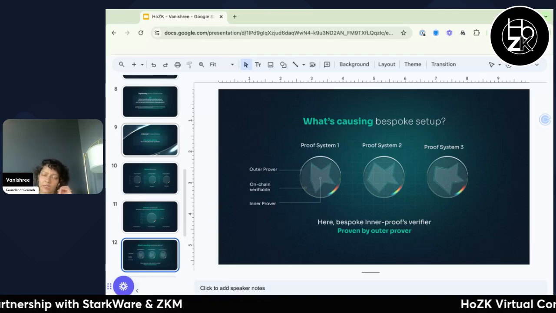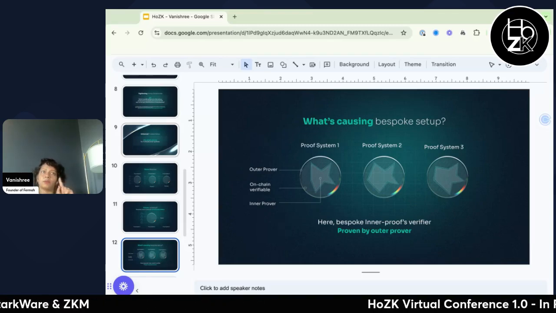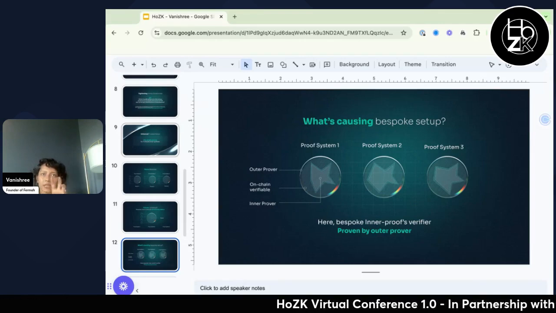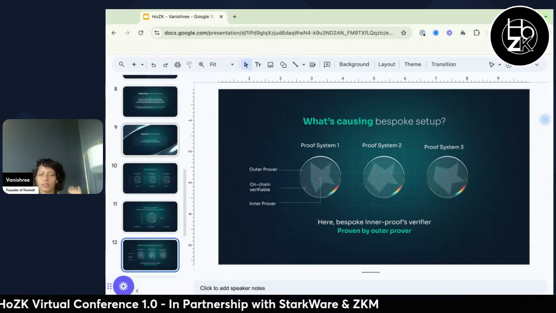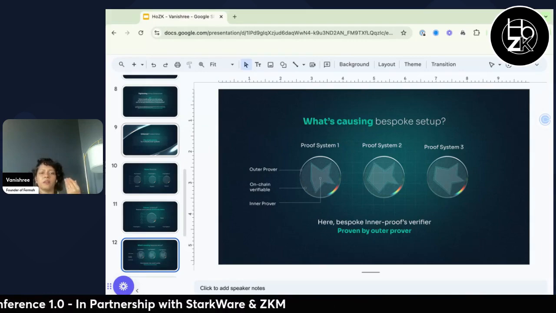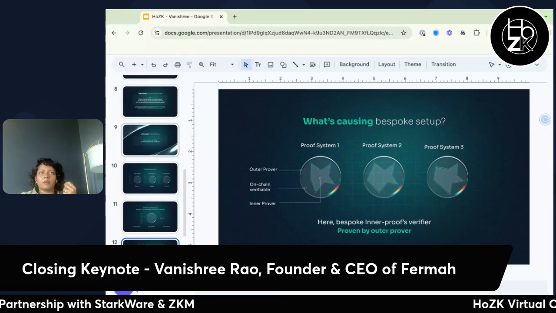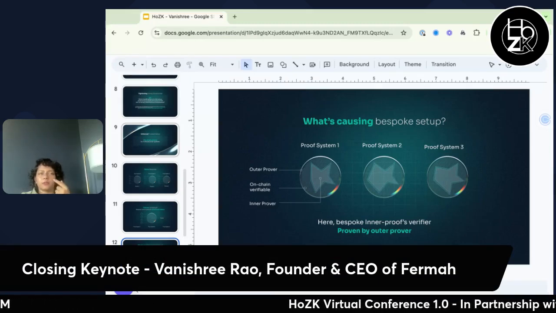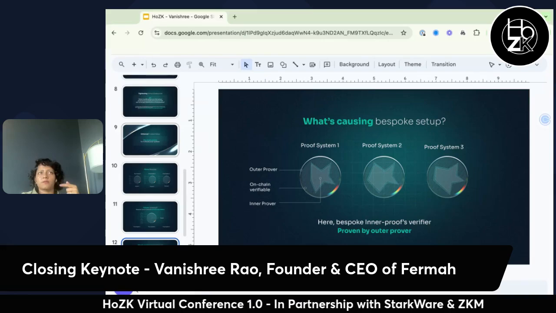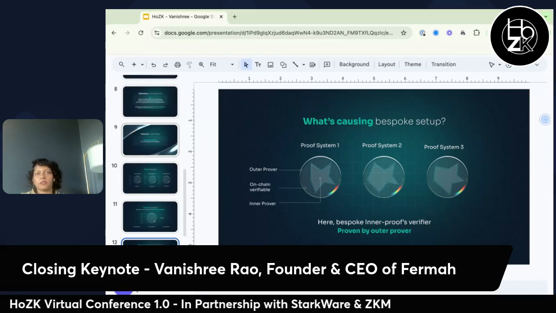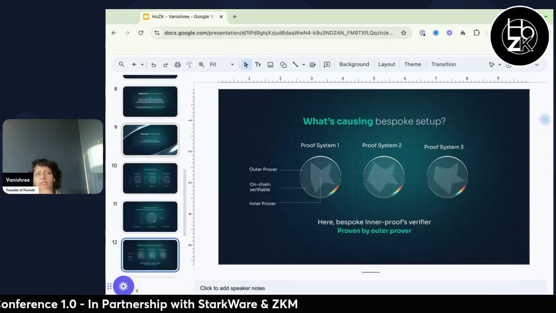And the reason is that, let's call them the inner prover and the outer prover. The outer prover's proof is the one that goes on chain. The prover of the outer proof system proves verification of the inner proof system, which is different for different proof systems, and that is why.